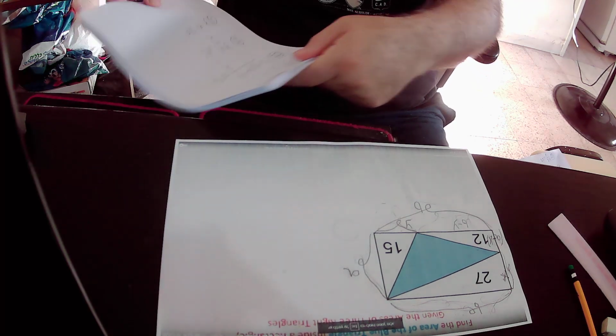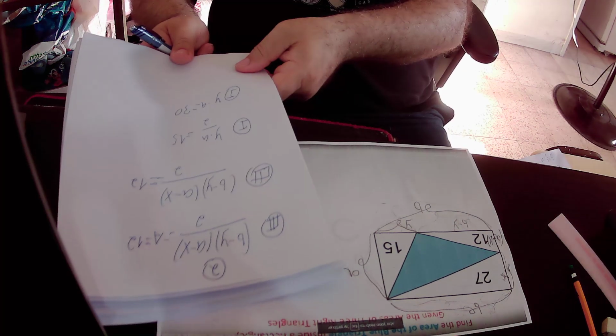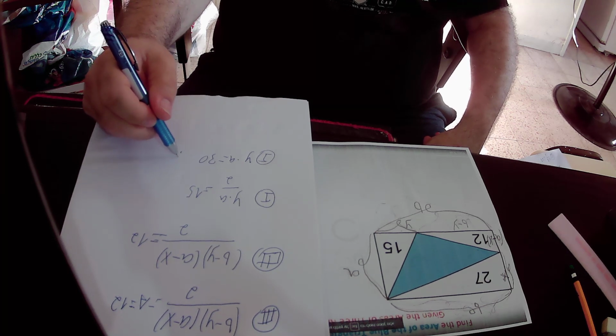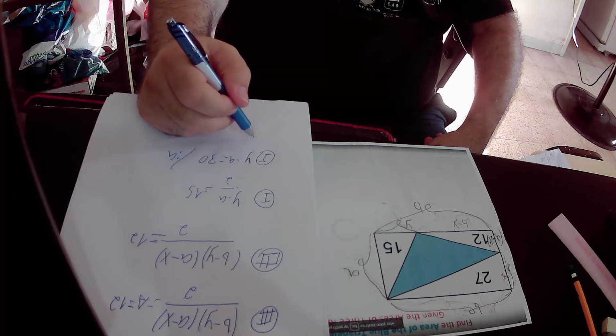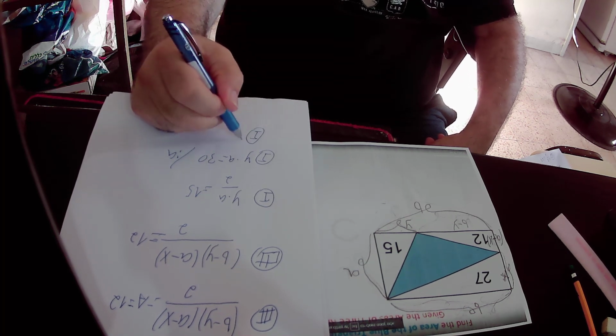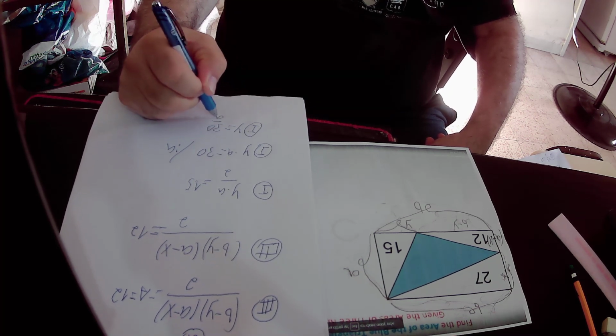A is the width of this rectangle, so it can never be 0. So we can divide both sides of the equation by a. It is allowable. So we will get that y equals 30 over a.